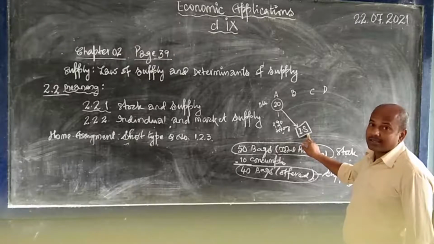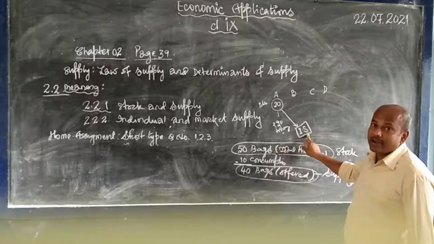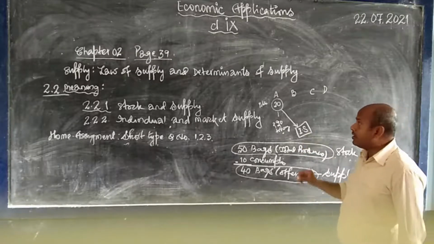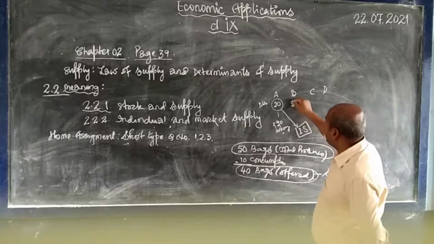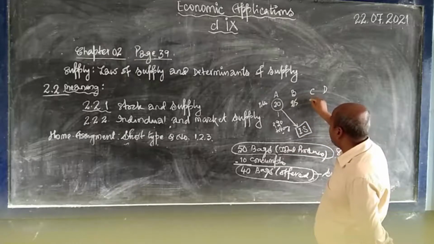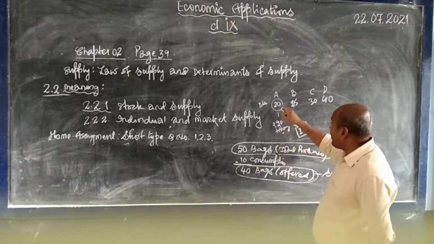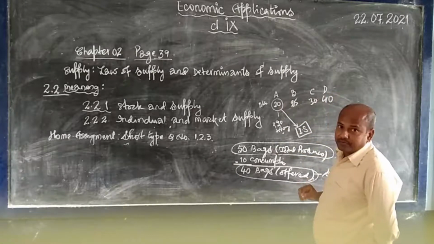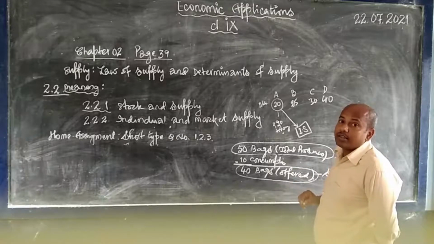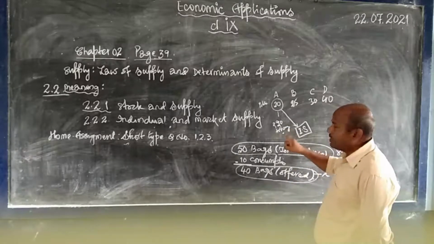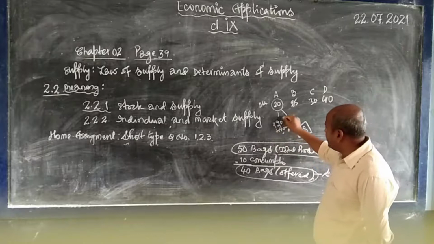But there is not only one supplier. There may be producer B who may be ready to supply 25 bags, another 30 bags, another 40 bags. Today itself all of them would like to supply at the same price, 20 rupees per kg.